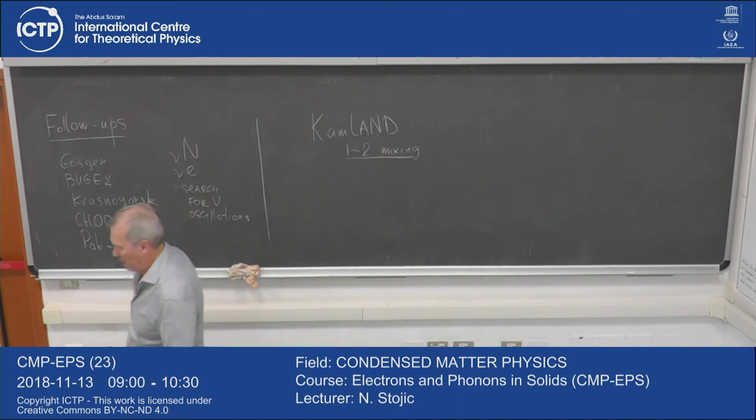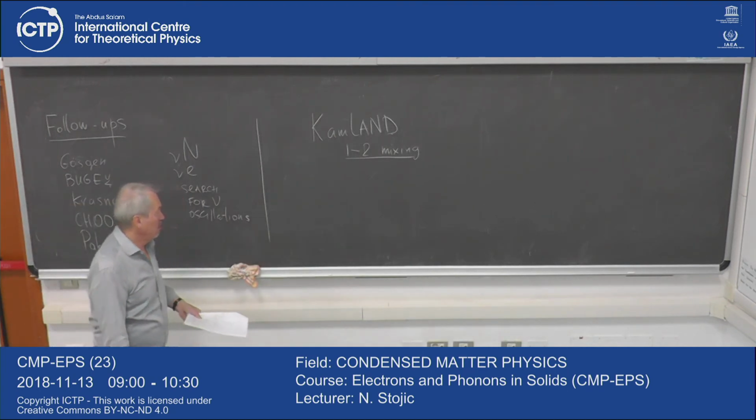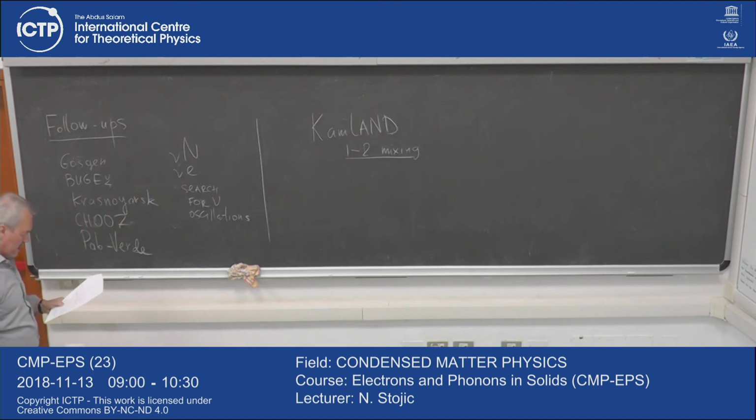So we have 3 neutrinos now: 1, 2, 3, and oscillations with the small mass difference between the first and the second neutrino were discovered by the KamLAND experiment.